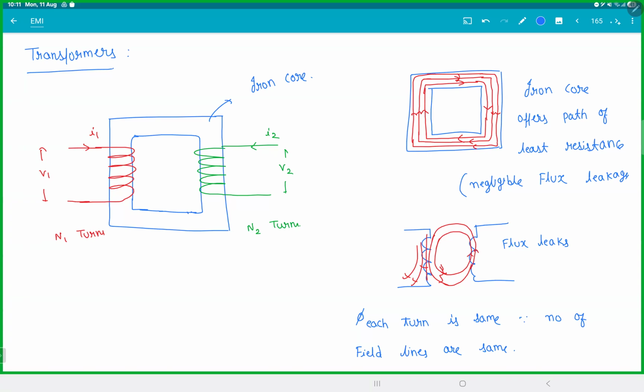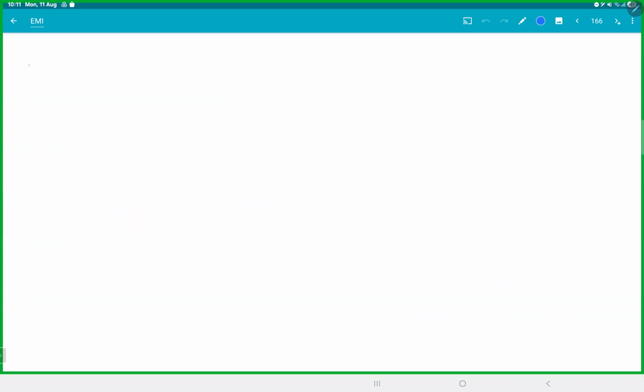Now, if you look at the left hand side, the flux on coil 1 will be the number of turns N1 into phi. Phi is the flux through each turn. Then we get voltage V1 is nothing but minus d phi 1 by dt. That will be minus N1 d phi by dt.